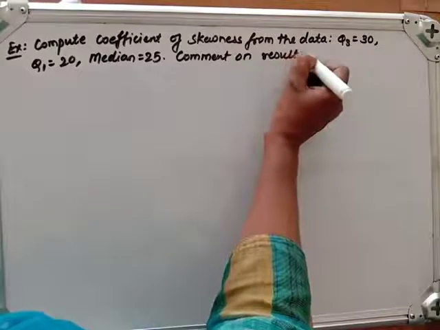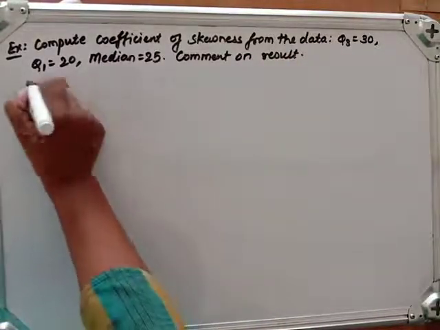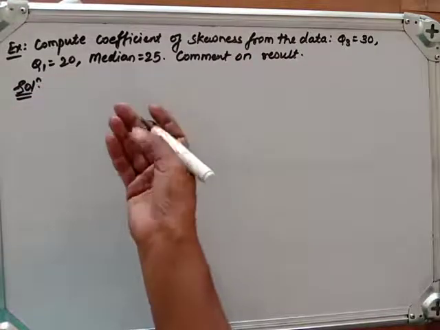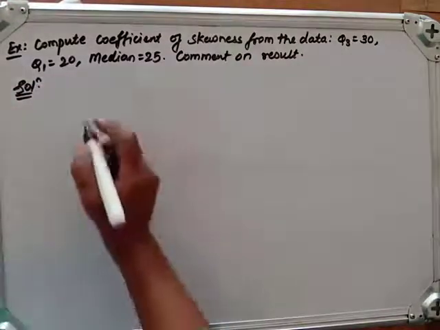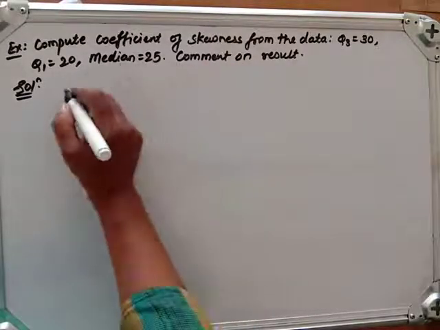Now Q1, Q2 and Q3 are given. Median is nothing but Q2. So we need to use Bowley's coefficient of skewness, and we will obtain the result.